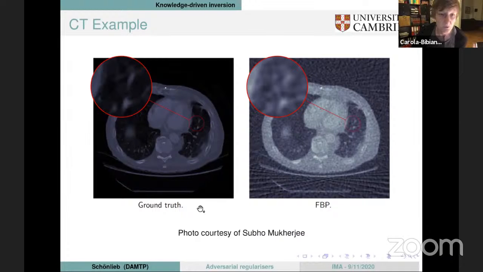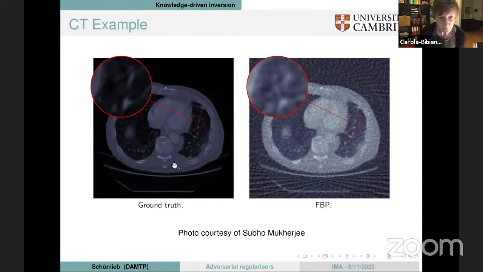Then what we did, or what Shubo did, was that he simulated a sparse angle measurement, meaning that you discretize very coarsely along the angular dimensions, and you add noise to the measurements.